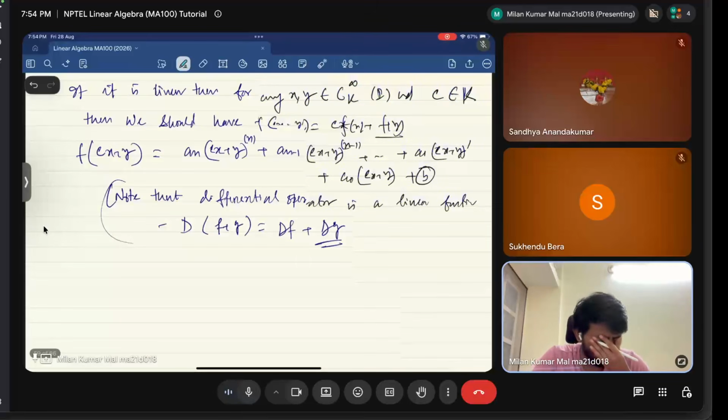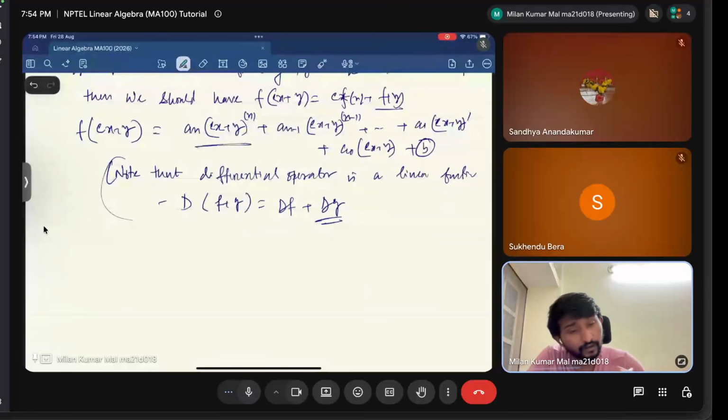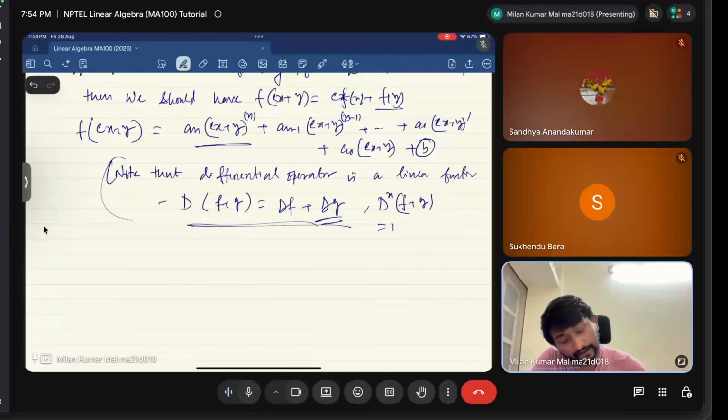So here we have the differentiation operator. As a single differential works this way, the nth derivative of f plus g is also going to work the same way. There is no problem with this. So from here what will we get?